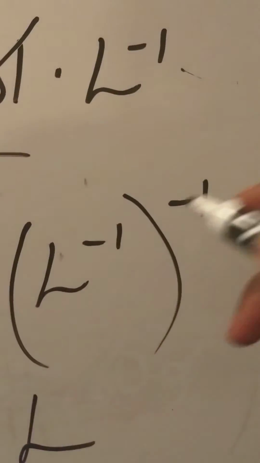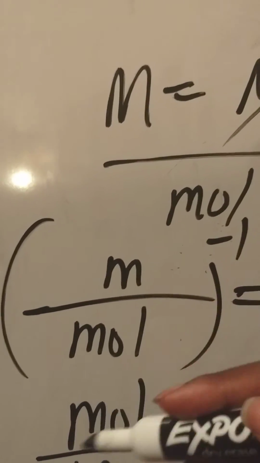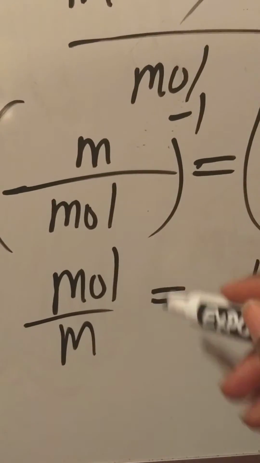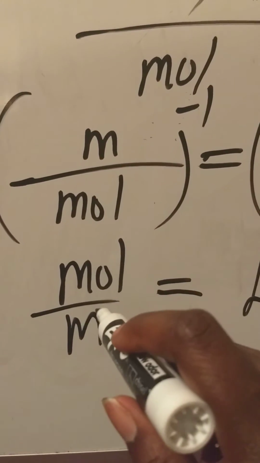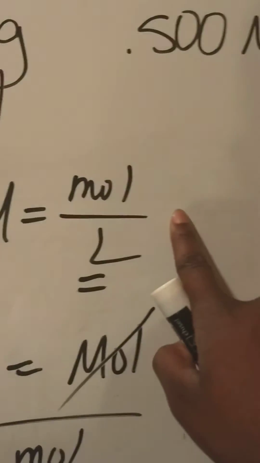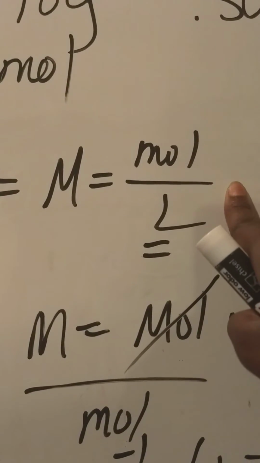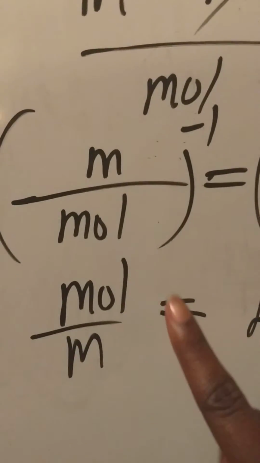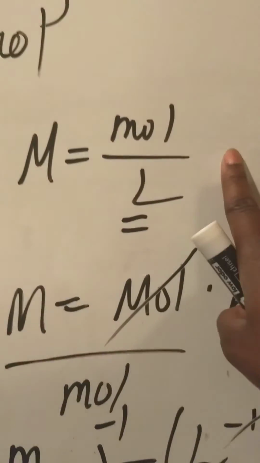These will cancel, and this just flips. Pretty simple, and this is what you get: the reciprocal, which is moles over molarity. This is what you're working with.